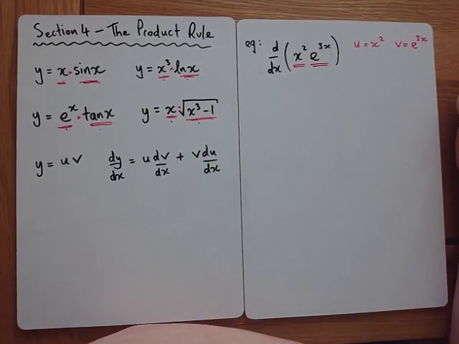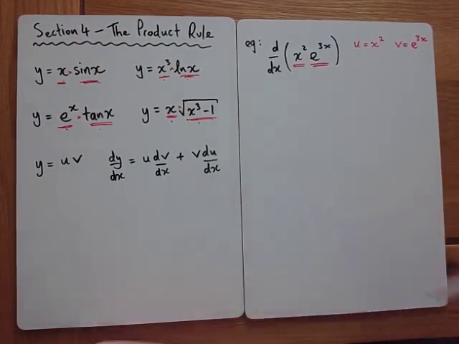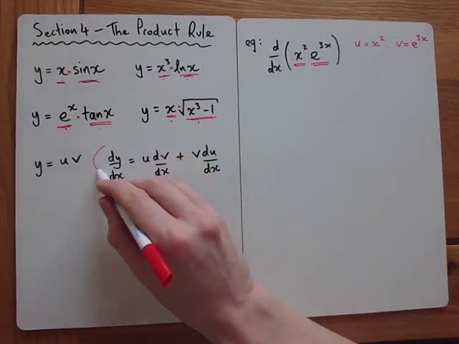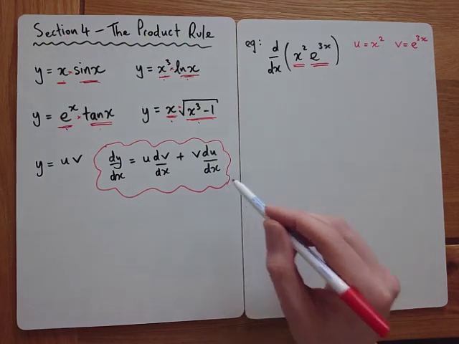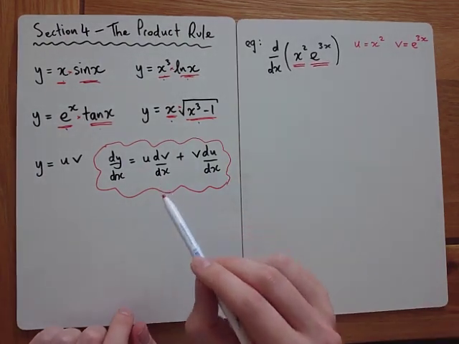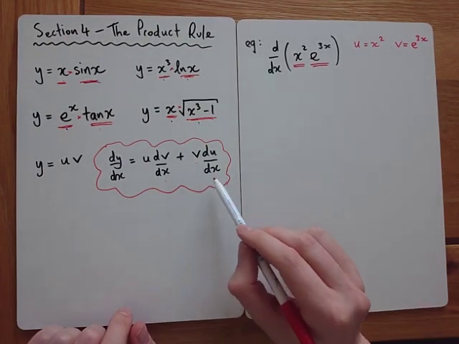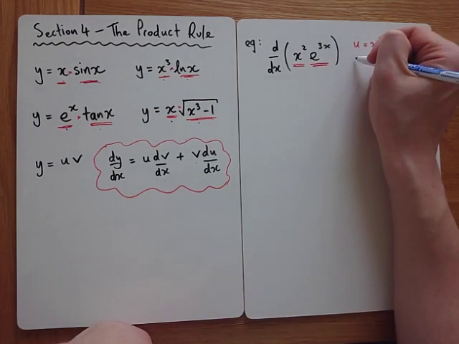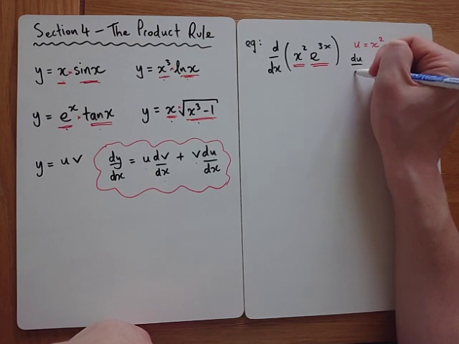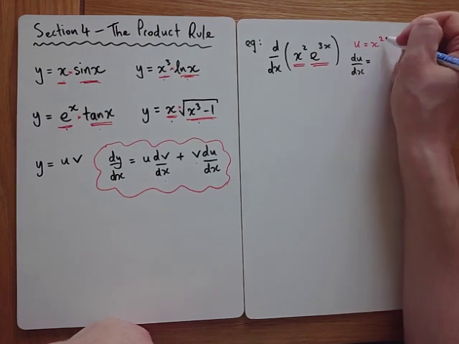Once we've done that, if we look at the product rule itself, we want to apply this rule for differentiating, and we're going to do u times dv plus v times du. So if I know that u is equal to x squared, I'll just quickly differentiate that with respect to x. So du by dx would equal 2x.